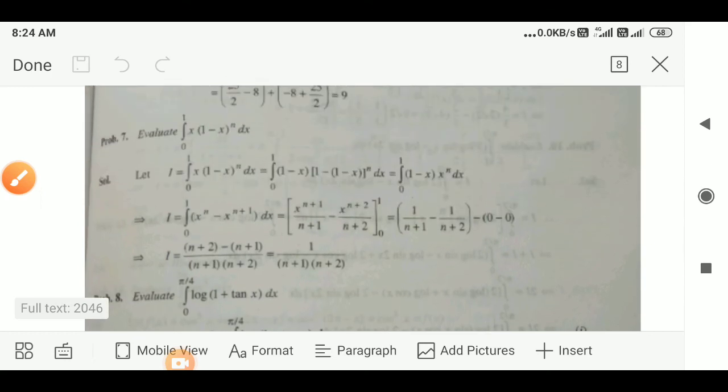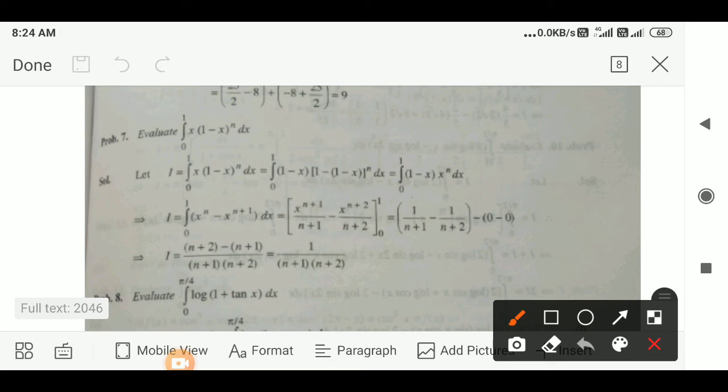There is another question. Evaluate the integral of x into 1 minus x whole power n dx. Here we use the property integral 0 to a of f(x) dx is equal to integral 0 to a of f(a minus x) dx.